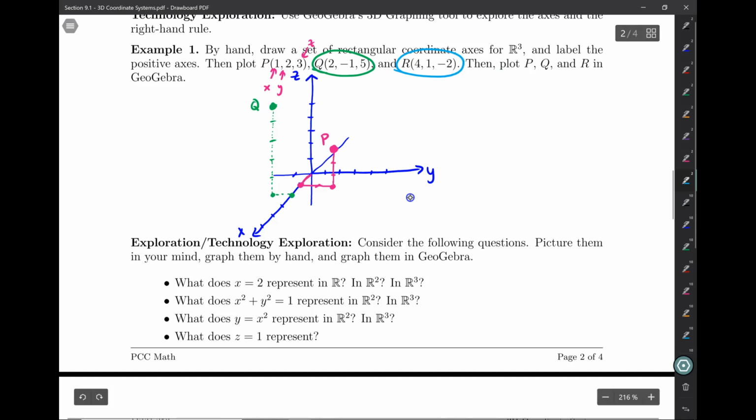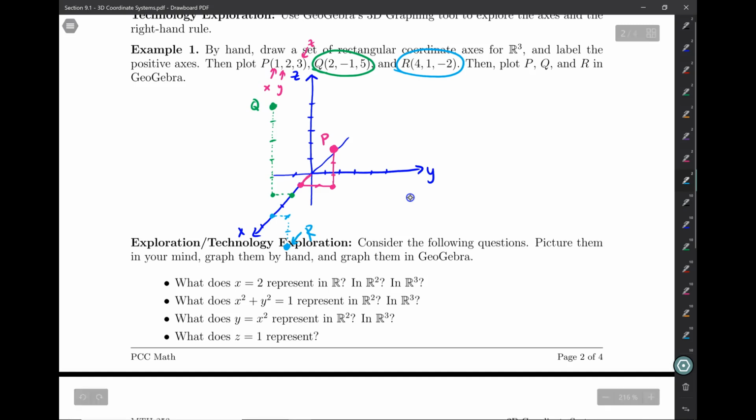So we've got 4, that would be here in the x direction, 1 unit in the positive y direction, and then -2 units in the z direction. So now, rather than going up, I'm going to go down, and I think I have just barely enough space. There's our point R.